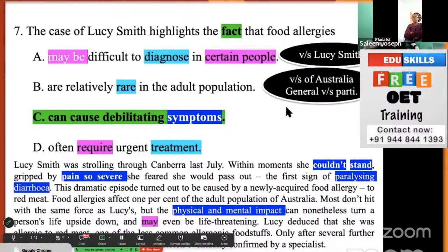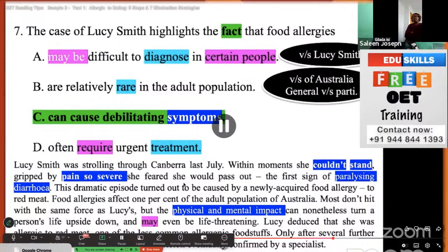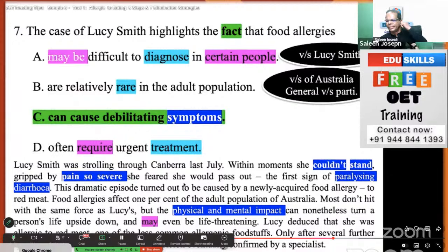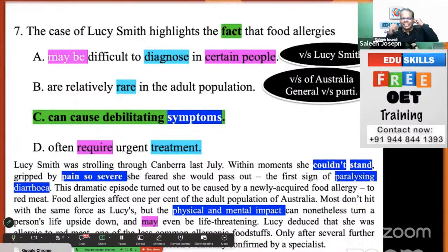Option B: "relatively rare in the adult population of Australia." So general and particular. Here, general means the adult population in general, and the text speaks of the adult population of Australia.